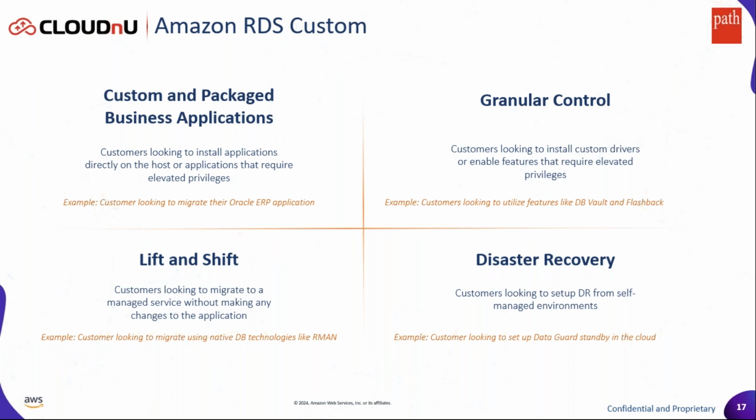So RDS Custom gives you all of the familiar RDS benefits that I spoke about, with other benefits like full control. In a managed service, typically you will not have full control of the environment, so you will not have access to the operating system. RDS Custom gives you that benefit. So you can run your databases with sysadmin rights. You can manage your database instances with full operating system, administrator, and root privileges.